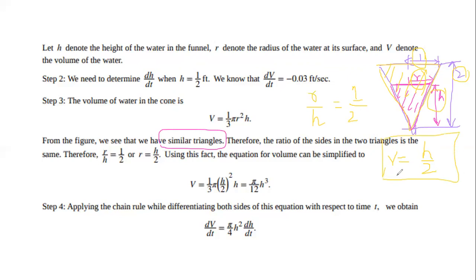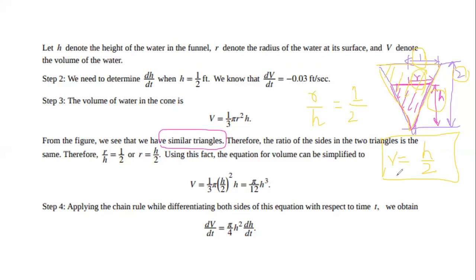Again, from the figure, we assume that these are similar triangles because the ratio of sides in the two triangles is the same, that is, they increase in the same ratio.